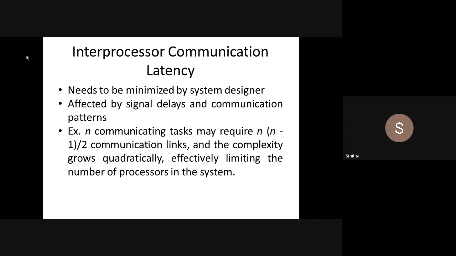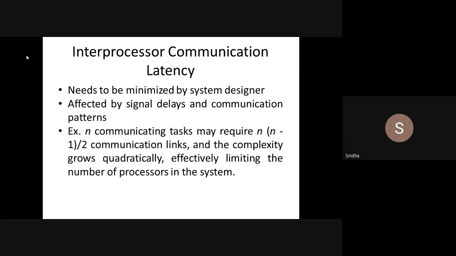So different types of network topologies or patterns we will use, right? So that latency will be affected by both signal delays as well as communication patterns. Some patterns will take less time in order to communicate. It is based on the communication pattern.